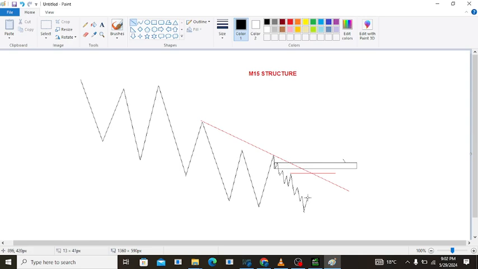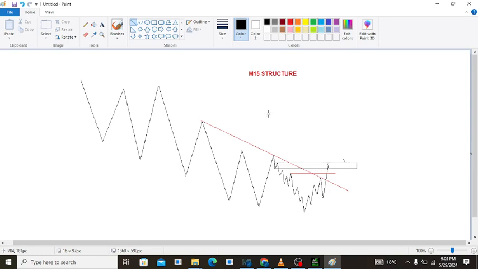Okay, then the price retraces. It pushes here.